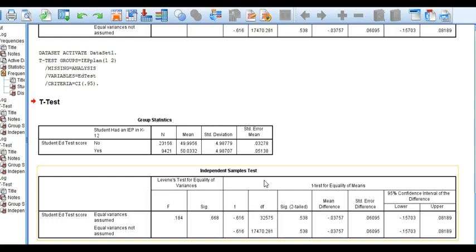The first underlying assumption that we're going to look at is Levene's test for equality of variance. And that's going to be right here, Levene's test. Your test statistic for that is F, and your significance level is right here. And keep in mind that you want the significance level to be greater than 0.05 on this particular test.